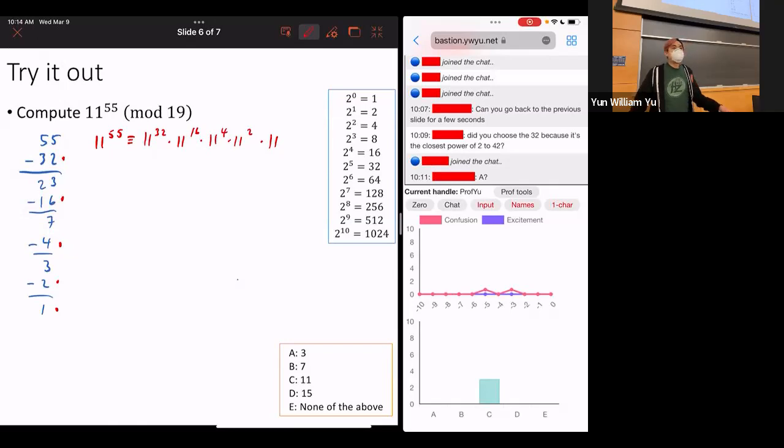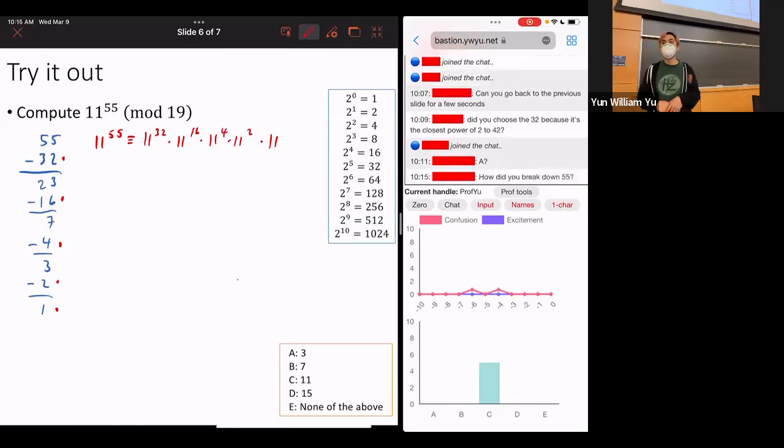So one other thing I should emphasize is this is one particular way of breaking up these powers. You could break it up however you wanted to. If you want to, you could compute 11 to the 10 and then do 5 of those, and then another 11 to the 5. This is just one particular method that will work for any number, but there are other methods that will also work.